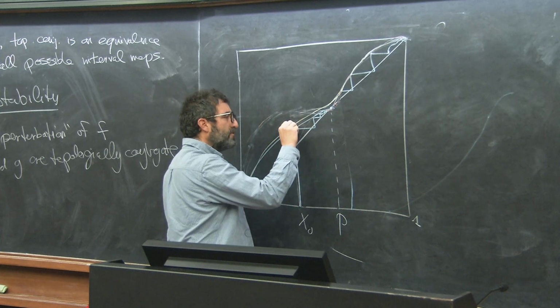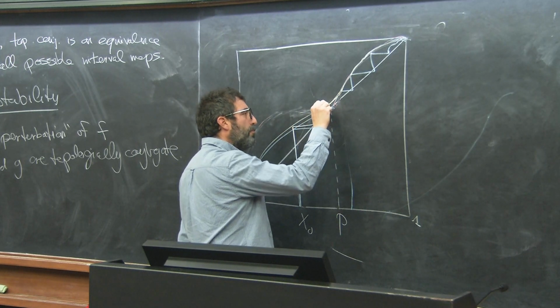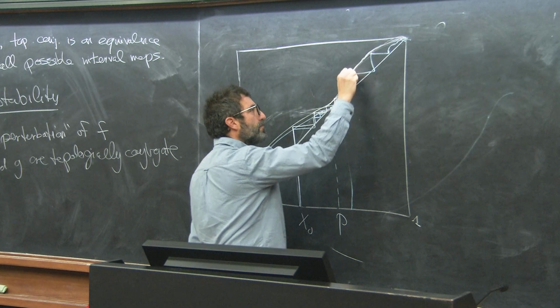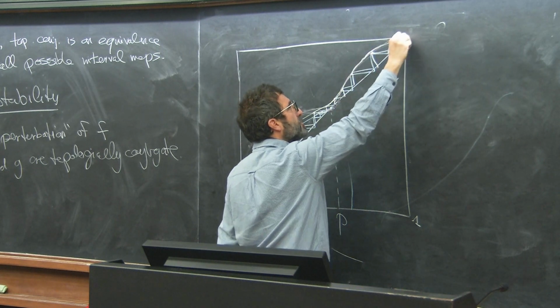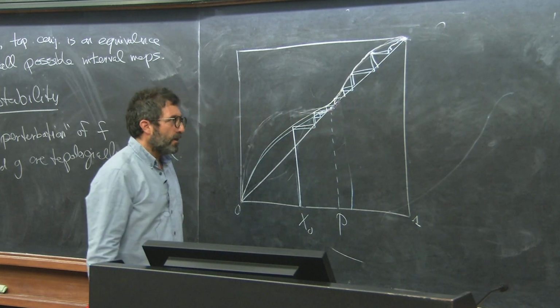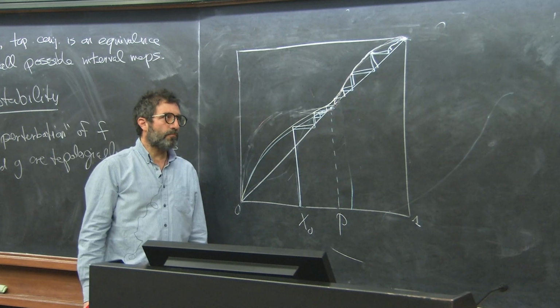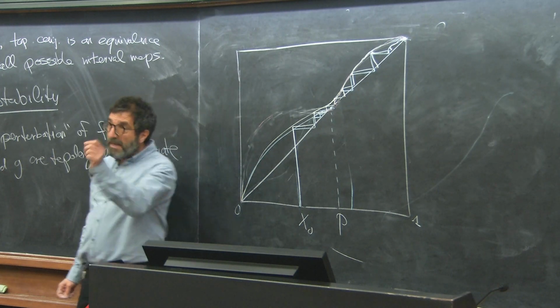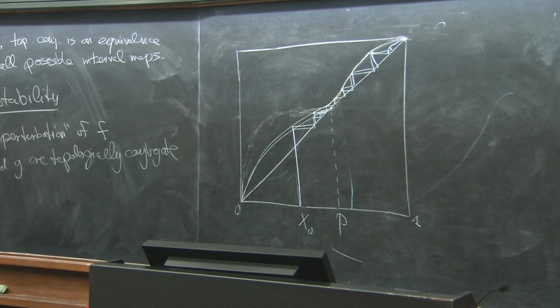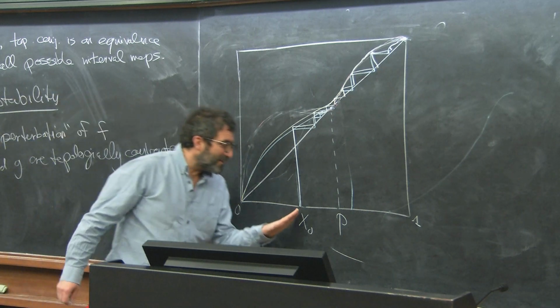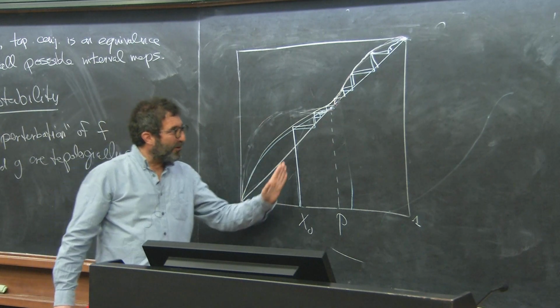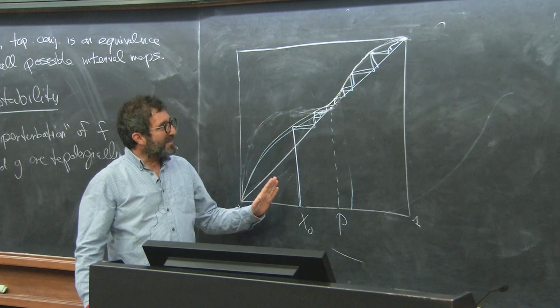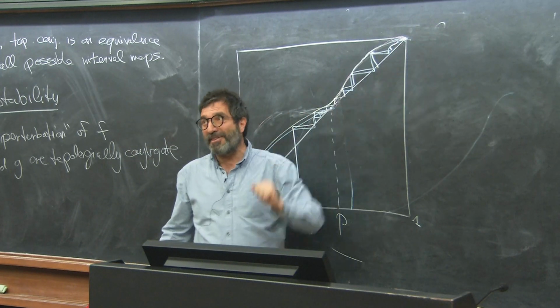It is going to go past and is going to converge to this point, to 1. So this is a big change in the dynamics. If you are this initial condition and you thought you were going to end up in P, and suddenly you end up way, way over there.